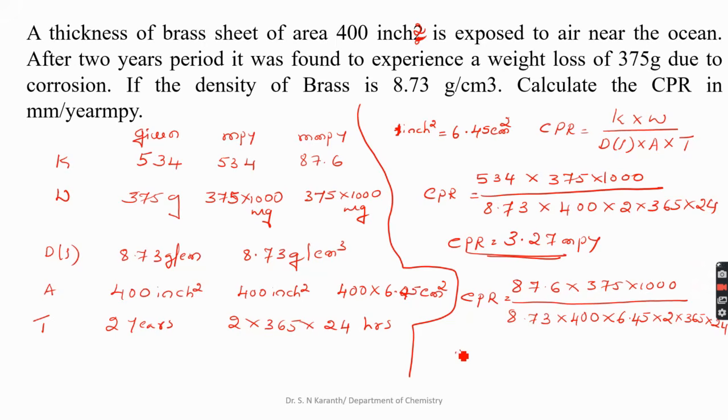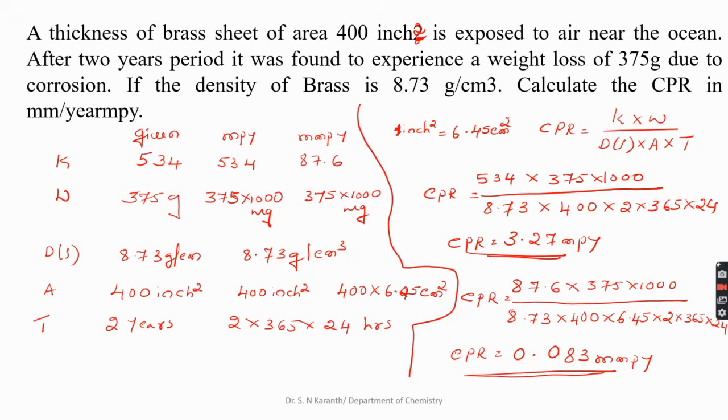So CPR, if I want to express in terms of Mmpy, becomes equal to 0.083 Mmpy. This way we can solve CPR in different units. Either you can express in terms of Mpy or in terms of Mmpy.